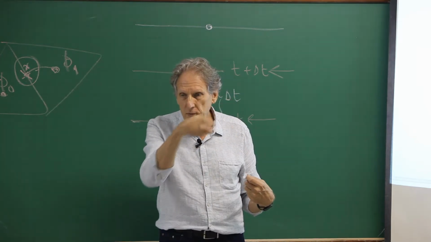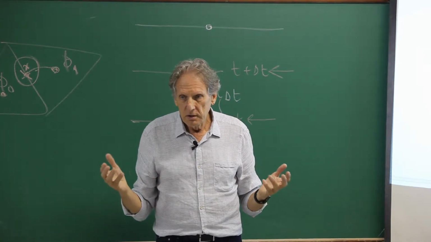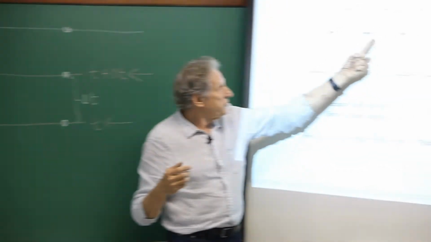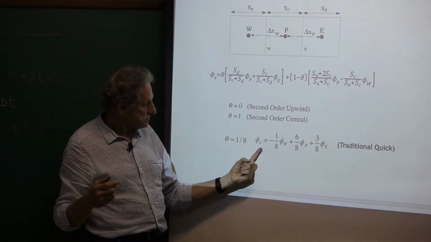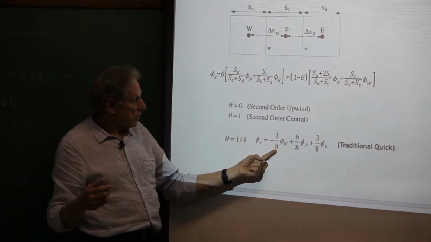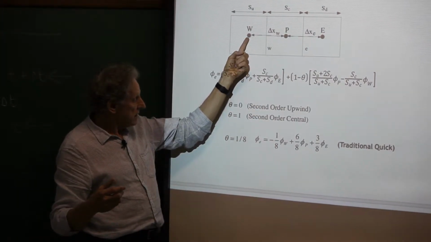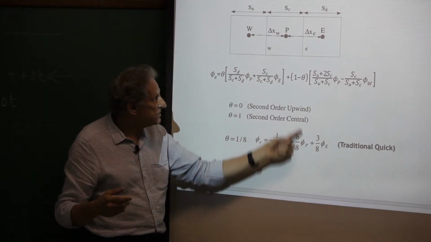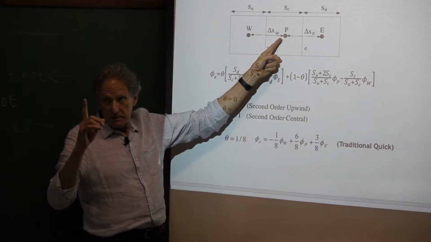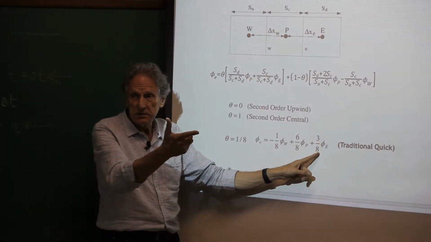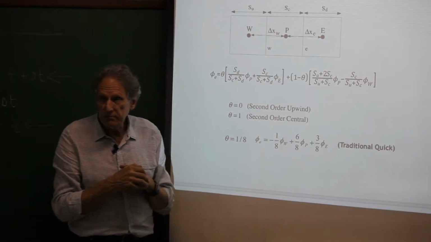You don't know, because phi E is removing 1/8 of this one, and of course the P is the heaviest, but then also using this one in the front, in the downstream.